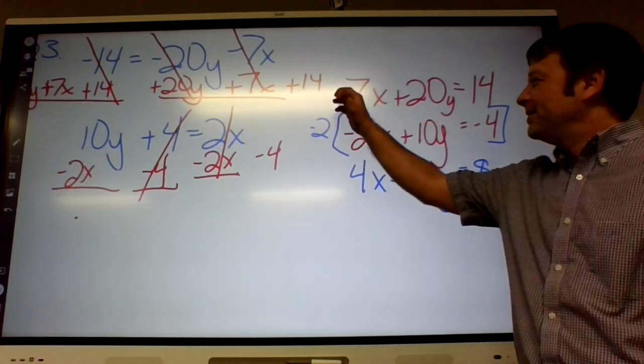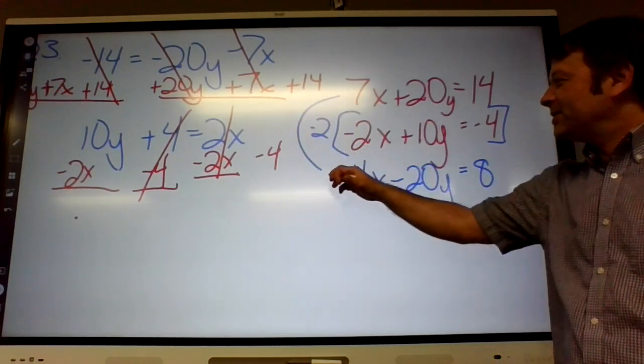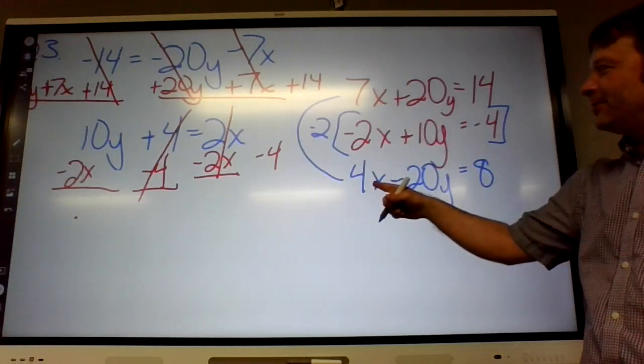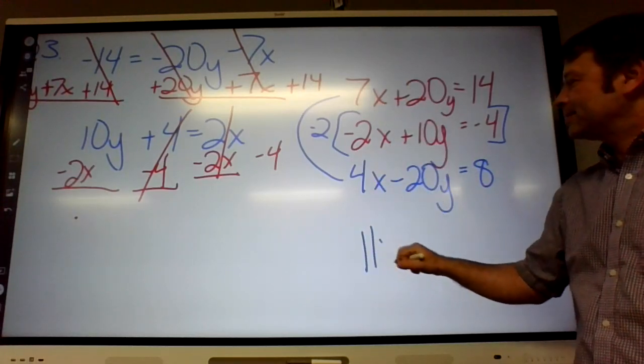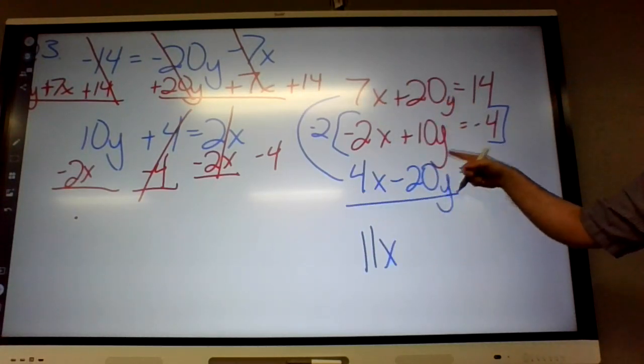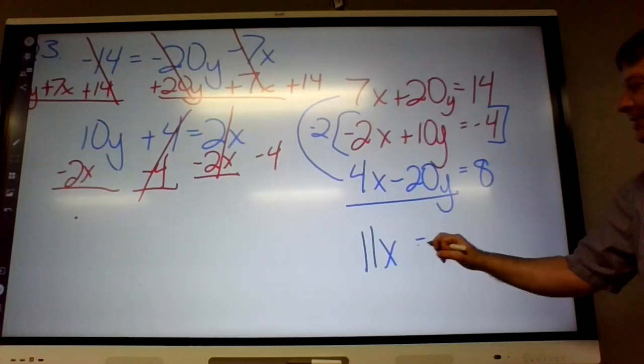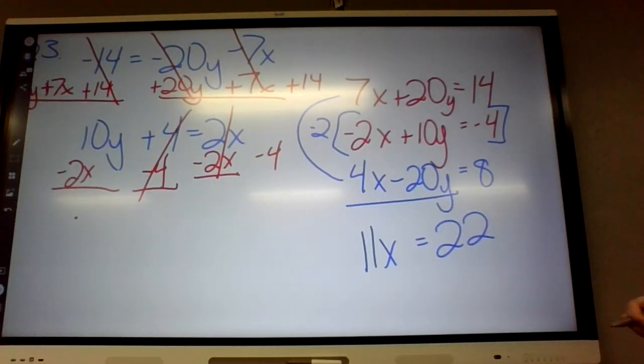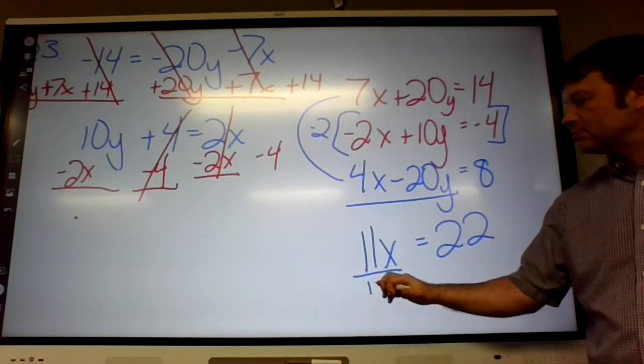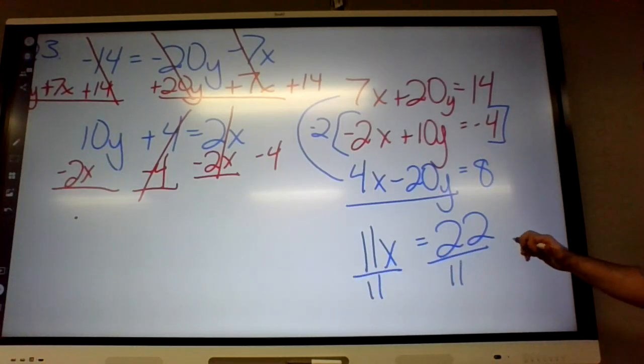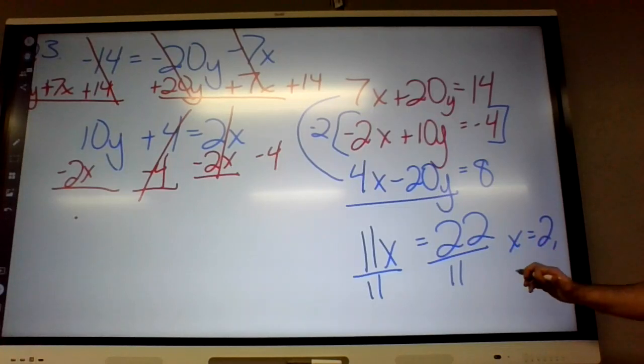It should be 2. Okay, so now I'm going to add the top and the new bottom line. It's 11x. 7 plus 4. The y's go away. 14 plus 8 is 22. If it adds up to 2, I'm good. Oh, 11. I literally got that and then I started freaking out. Okay, where do we want to put 2?